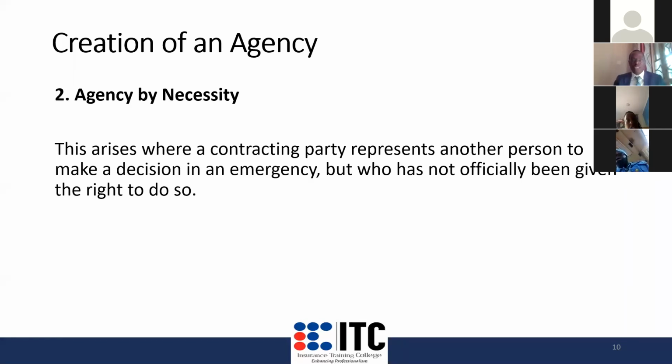I'll give you an example. Someone has not officially been given a right or an agreement yet to start selling, but because of an emergency that has happened, later someone becomes an agent. So I'll give an example.